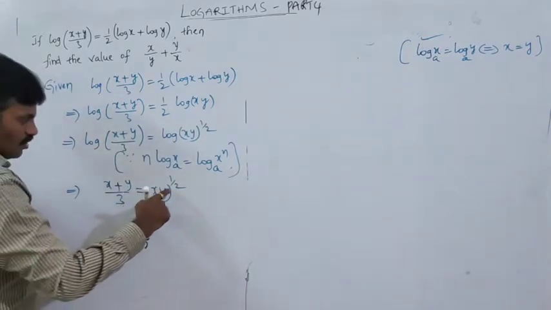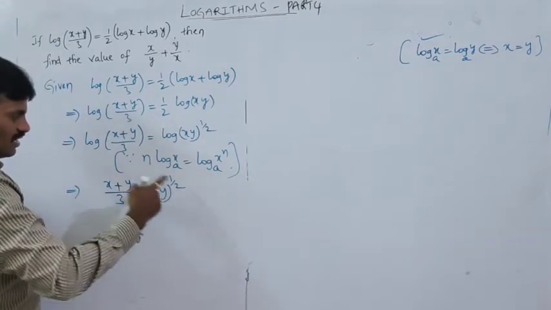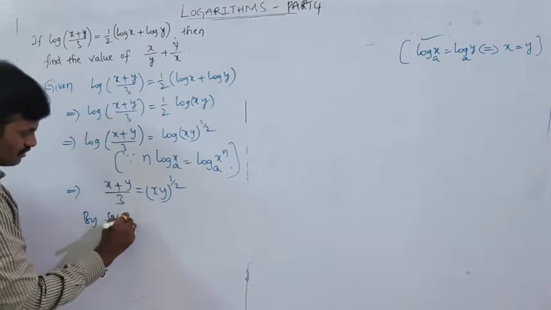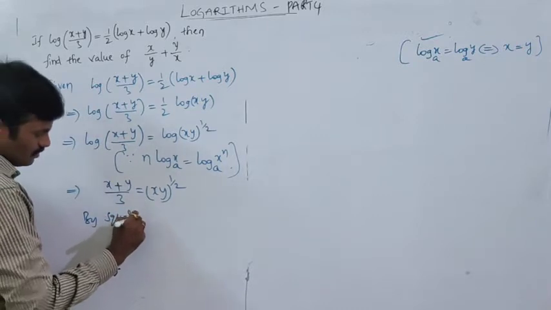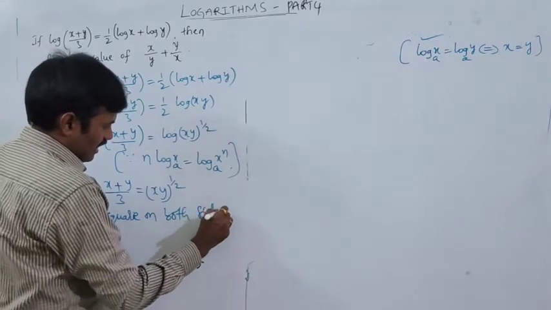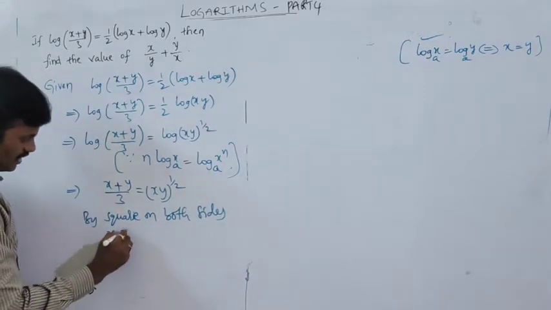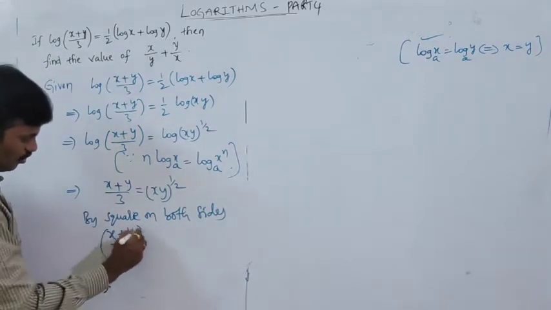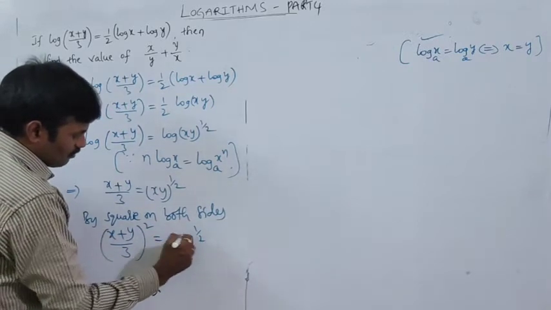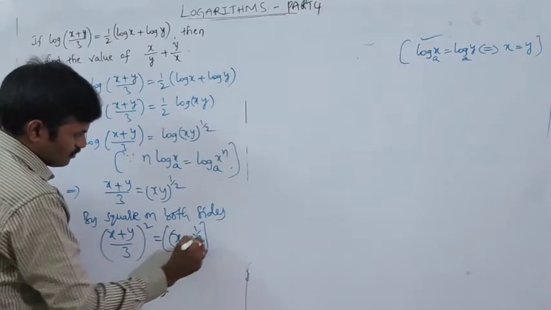Now to remove this 1 by 2, I am squaring on both sides. By squaring both sides, it can be written as ((x plus y) by 3) whole square is equal to ((xy) to the power of 1 by 2) whole to the power of 2.